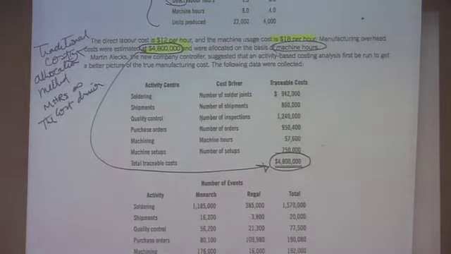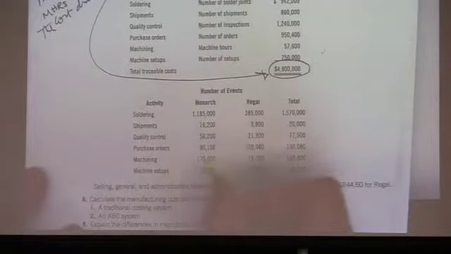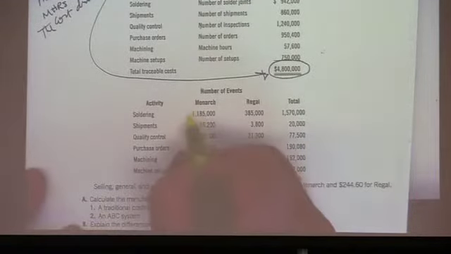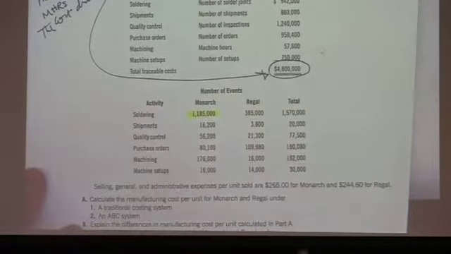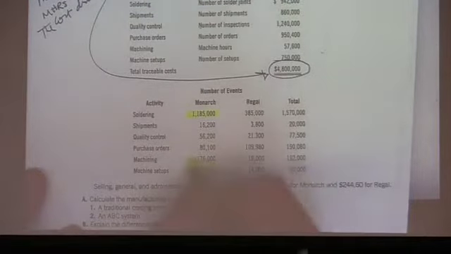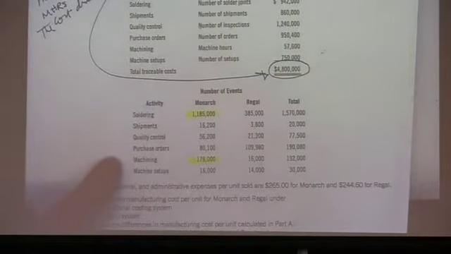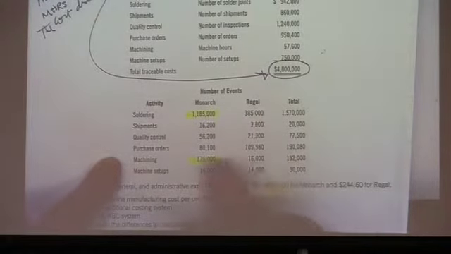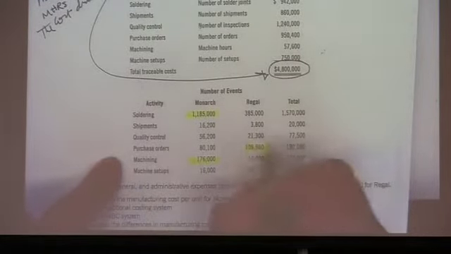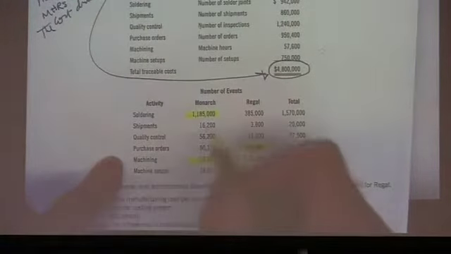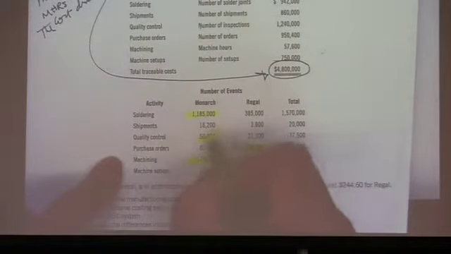For machine setup, it looks like Monarch consumes quite a lot of soldering and quite a lot of machining. I'm just trying to compare the two. And for purchase orders, Regal has quite a huge consumption.